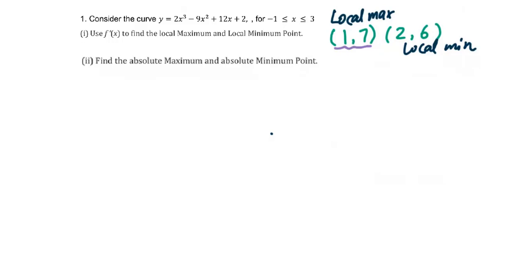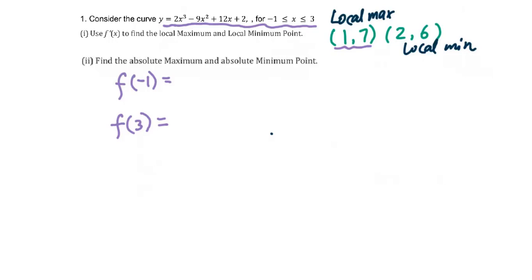For the second question, find the absolute maximum and absolute minimum point for this curve when x is between -1 and 3. This time, you need to figure out the boundary values, which means f of -1 and f of 3. Then compare these values to the local maximum and local minimum.